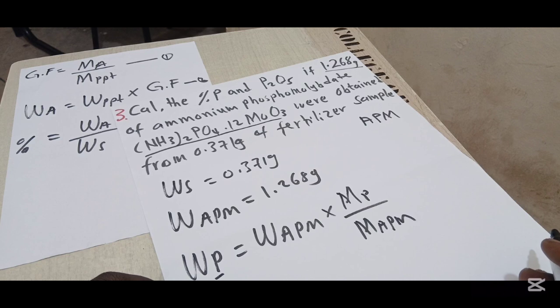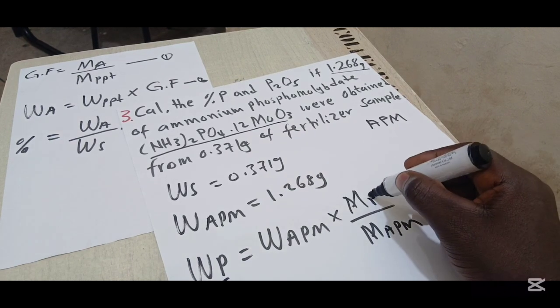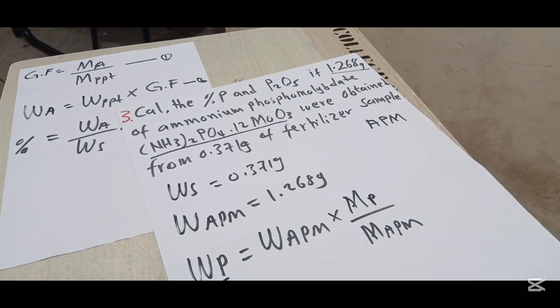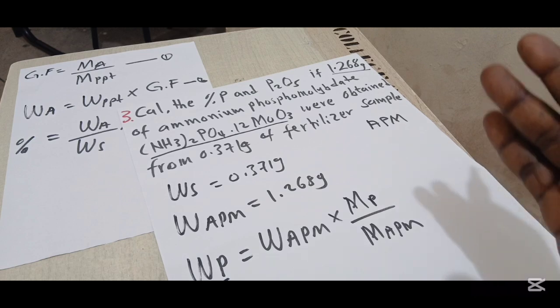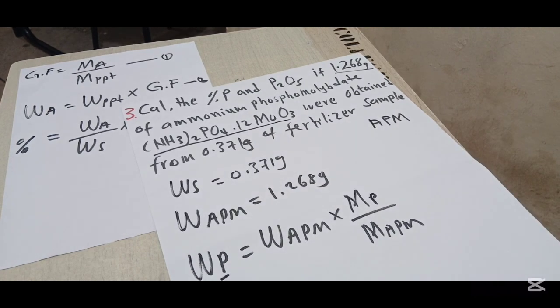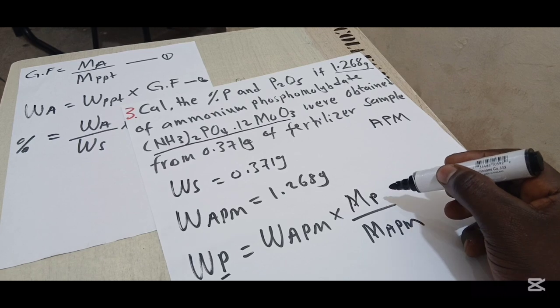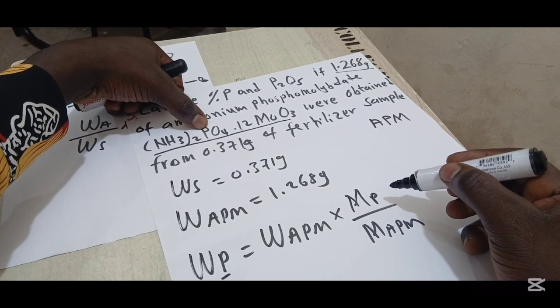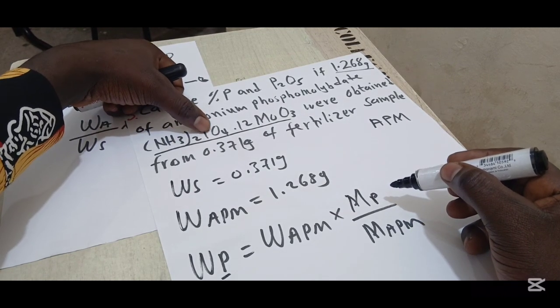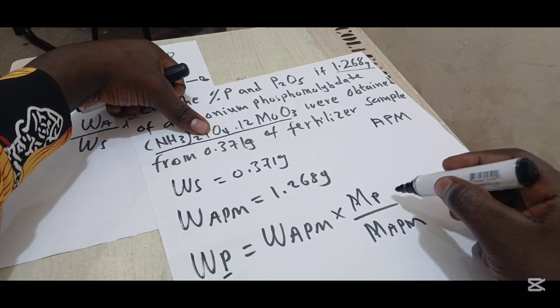In writing our gravimetric factor, we need to look out for the subscript of our analyte in the denominator and the numerator, whether it is the same. We can see here our analyte has a subscript of 1, and in the whole complex, the precipitate, it also has a subscript of 1, so we are good to go.